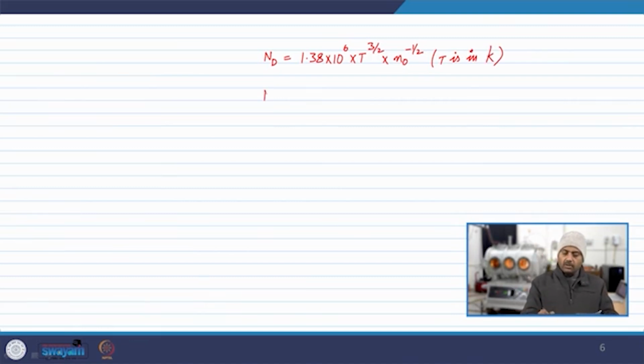The same expression, using temperature in the unit of electron volt, you can write as 10^12 × T^(3/2) × n_0^(-1/2). So, temperature is in the unit of electron volt, right.